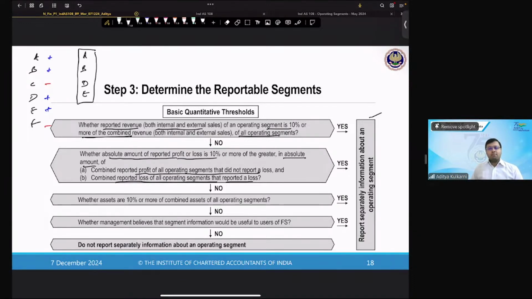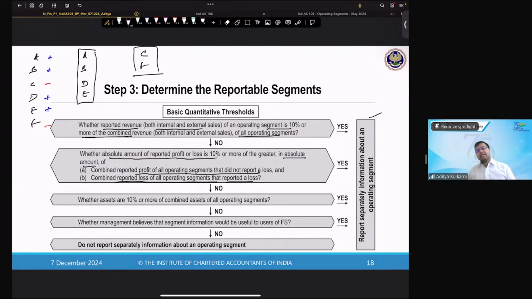And if the profit of A, B, D, and E is 10% or more, then it will become a reportable segment. Look at C and F. Look at the total loss of this, and then look at C's loss and F's loss. If C's loss and F's loss is 10% or more of all the operating segments that made a loss, then it will become a reportable segment.